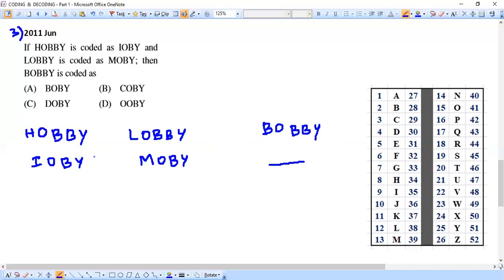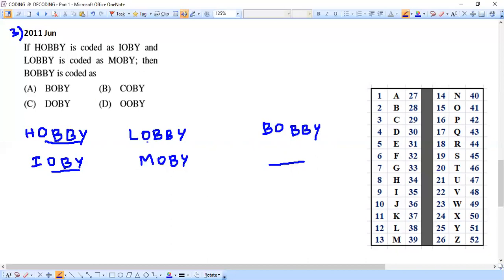And also there's a uniformity we can observe here. Our question letter is ending with OBBY. Here also OBBY. And what is asked in the question is also OBBY. So you have all the question words, and the coded answer words are all ending with OBY. Such a uniformity we are able to observe, correct? So OBBY, but the ending is just OBY.